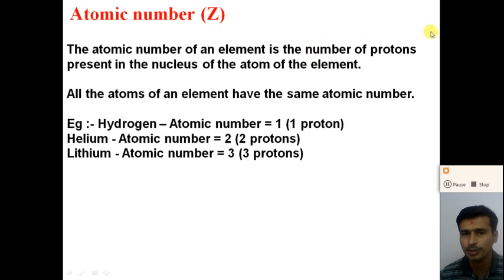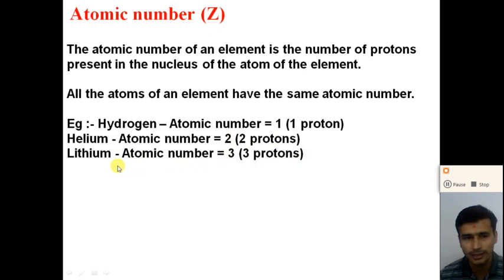The atomic number of hydrogen is 1. That means it has 1 proton in the nucleus of the hydrogen atom. The second element is helium. The atomic number of helium is 2. That means in the nucleus of the helium atom there are 2 protons, right?